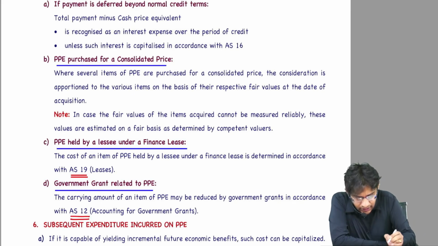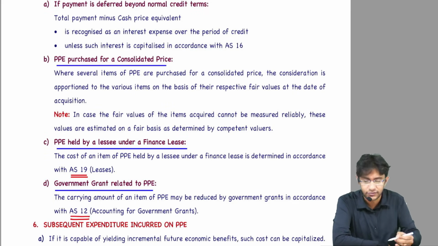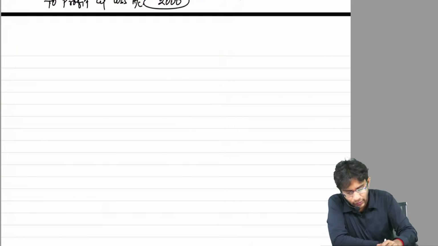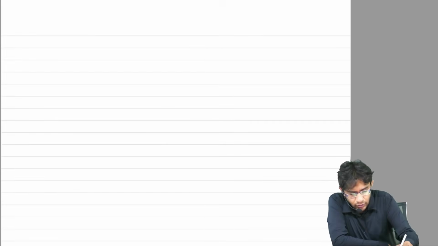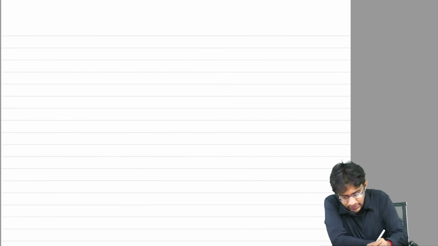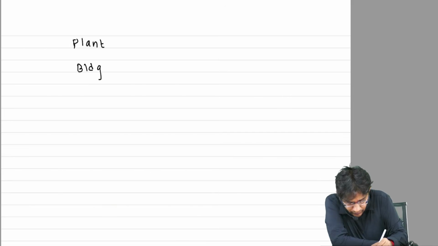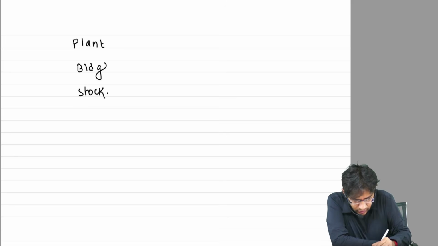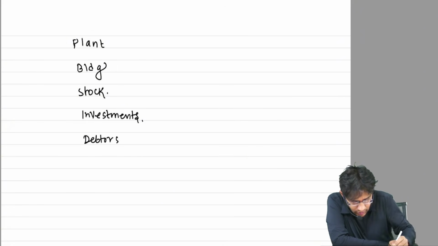PP purchased at a consolidated price. Now what is the meaning of this consolidated price? Watch this small example, you will understand. On this also you don't have any questions, sir, but whatever the case, I am just telling you. Suppose, sir, you purchased a plant, you purchased a building, then you purchase some stock, you purchase some investments, and you got certain debtors also.